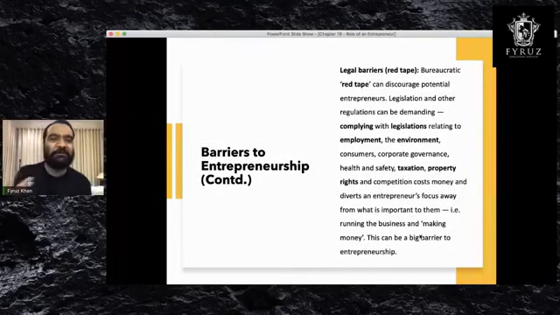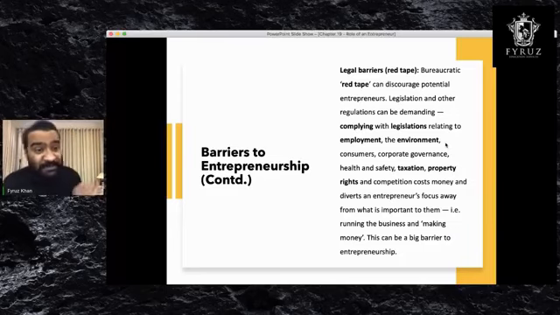We also have legal barriers. In every country there's a legal procedure. Every country is bureaucratic. You have to follow a set of procedures. You have to comply with laws and legislation and environmental rules. If you're starting a factory, let's say, you cannot pollute.